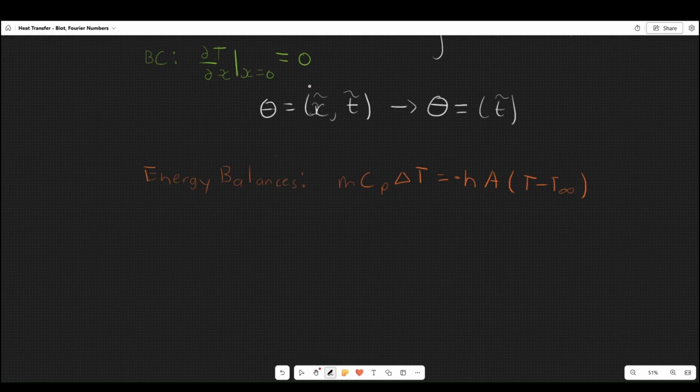And so we get this, but oftentimes in chemical engineering, this will be written as ρV, right? Density times volume, which is essentially mass. So that should be a little bit more helpful. And then this will be written as dT/dt.